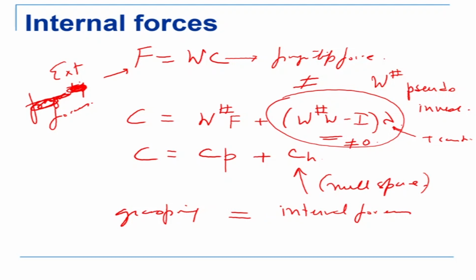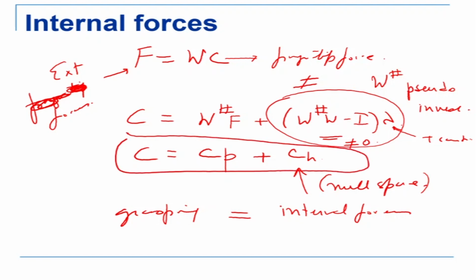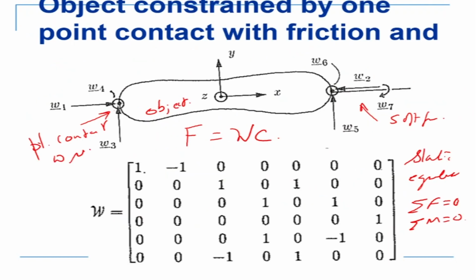And for manipulation, you need extra forces over and above the internal forces, such that you can give the body a particular velocity or motion in a particular direction. So this is our fundamental equation that we are writing here. And just to understand better, we are looking at this example where we have a point contact with friction on one side, the finger here, and the other side is a soft finger.